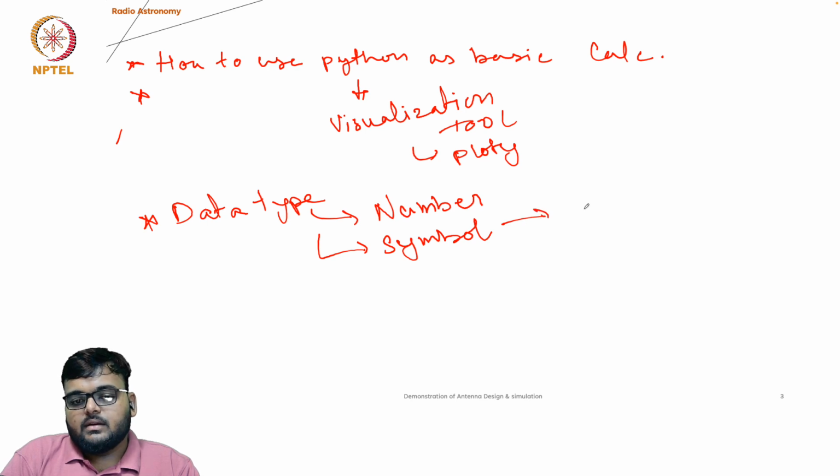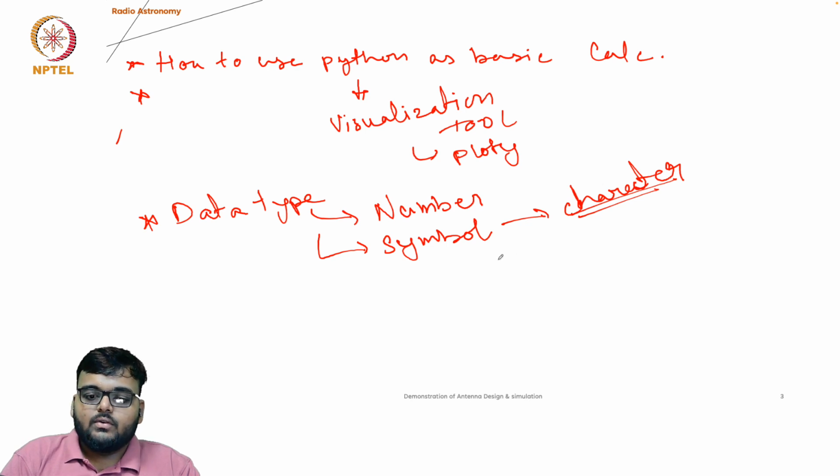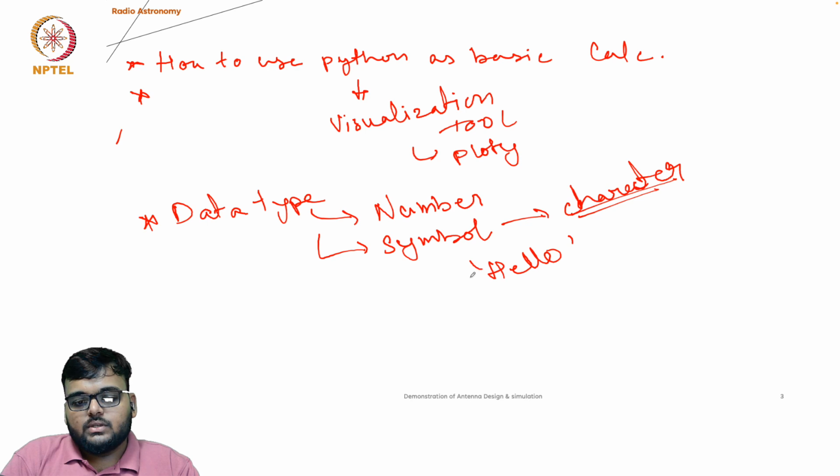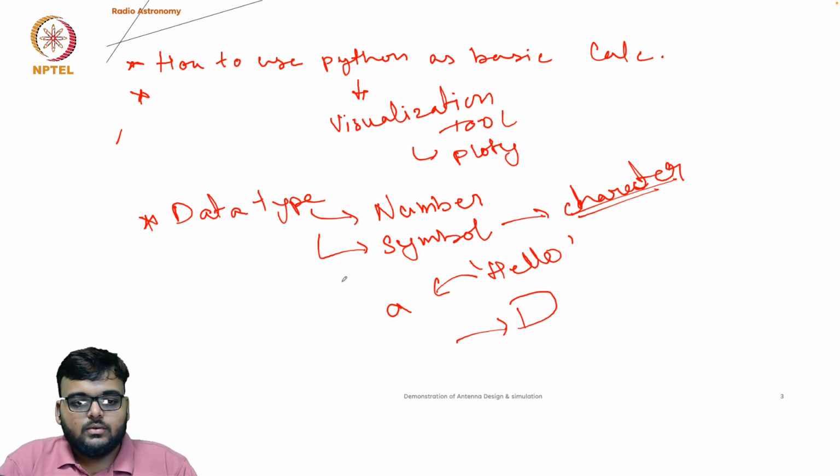Symbols means like we assign a character or string or something like that. So if you want to store the string hello, like what I am writing here, it will be stored in some variable, which we can use to display on the screen. So this is what we will do in this particular session.